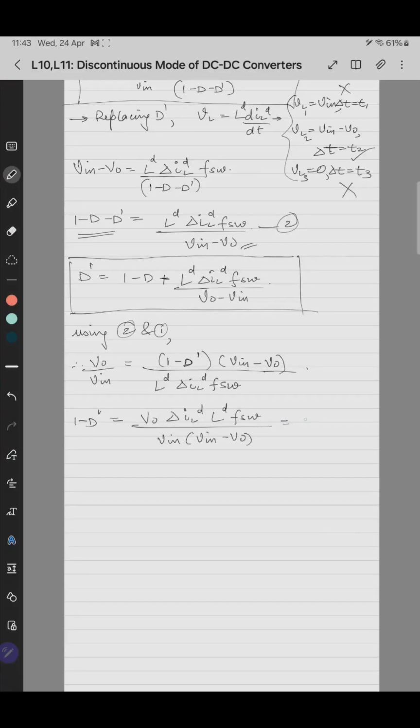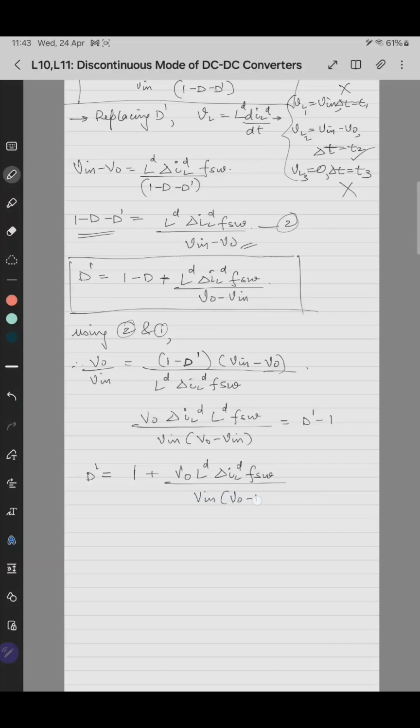Or what we can write is D dash minus 1, by replacing this. So we'll write V naught minus V in, and we can erase this. This is equal to D dash minus 1. So D dash is 1 plus V naught LD delta IL of D F switching by V in into V naught minus V in.